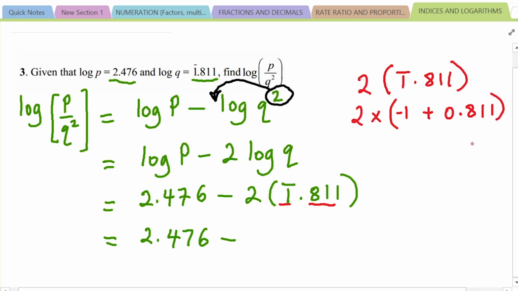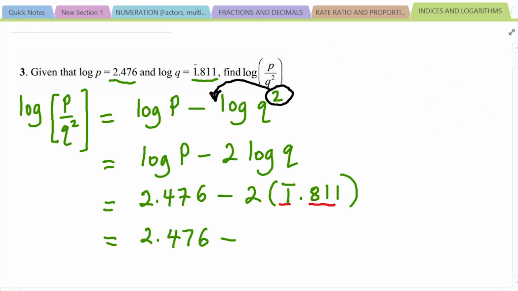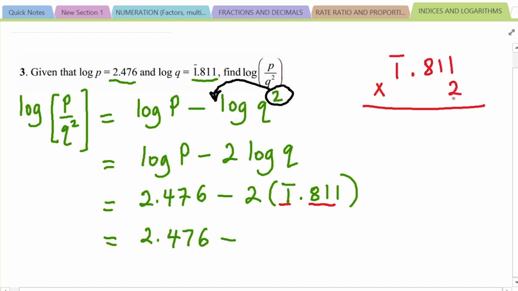Let me do it in a structural way. Bar 1.811, multiply that by 2. 2 times 1 is 2, 2 times 1 is 2, 2 times 8 is 16. So I'll write 6 and carry the 1 here.